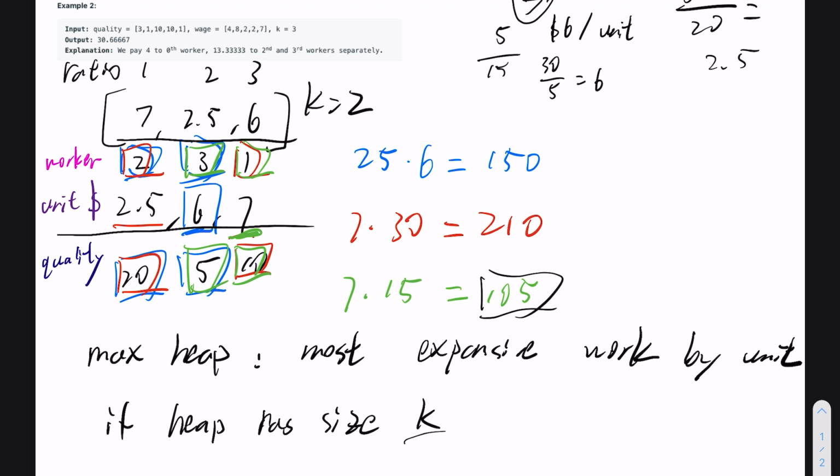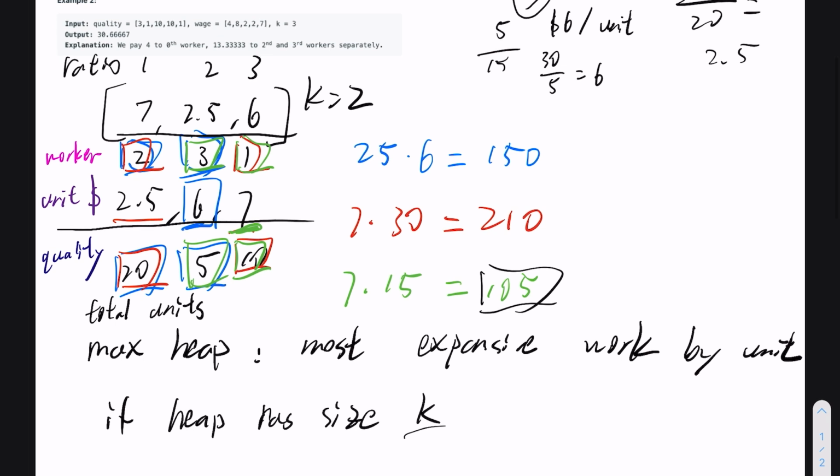We can also have a global variable that keeps track of the total units that we've encountered so far, and at each iteration we just get rid of the most expensive worker. So we include the current worker, get rid of the most expensive worker, and calculate a new total unit.